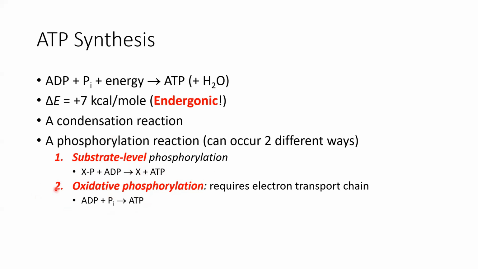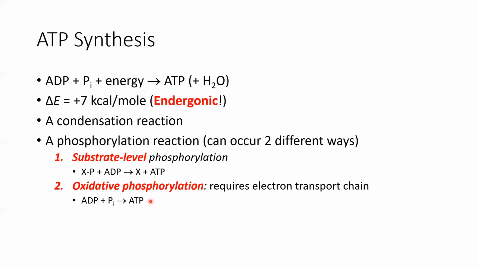The second way that we make ATP, and this is the more common way, the more reliable way, the more efficient way to make ATP, is the electron transport chain, which is where we phosphorylate ADP and make ATP. And this is a more sustainable, viable way of making ATP.